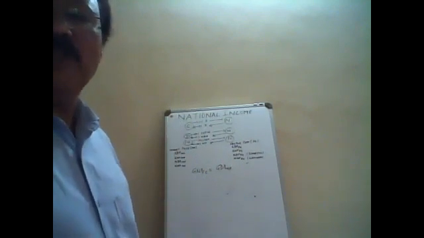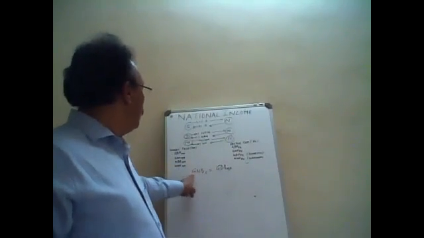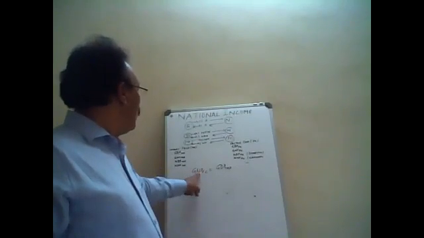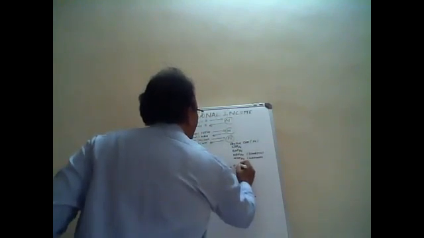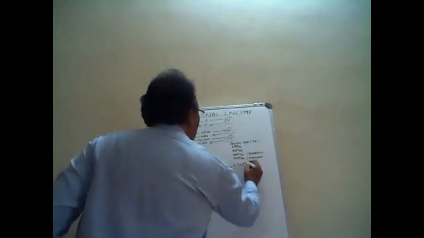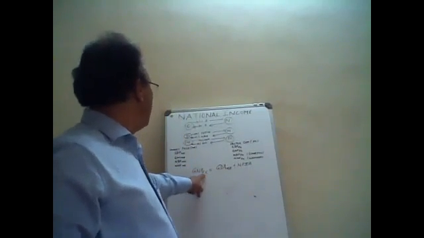First over here, gross will change. Domestic to national, we simply add NFIA. Then MP to FC, market price to FC, minus NIT.